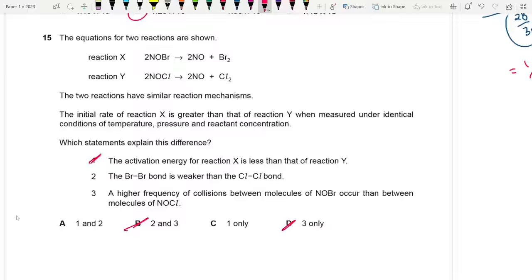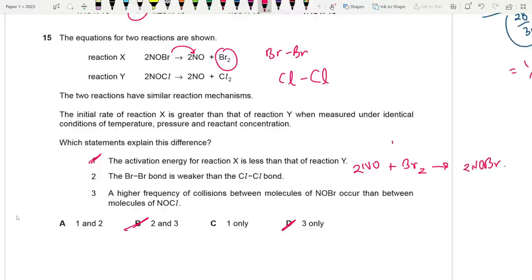For 2, the Br bond is weaker than the Cl bond. So look, we are actually making the Br bond. It is true that the Br bond is in fact weaker than the chlorine bond, but how does this help us? In this reaction, we are trying to make the bond. If bromine was on the left hand side, like 2NO plus Br2 is equal to 2NOBr, that would have been relevant because we were trying to break the bond then and we would need to give less energy compared to chlorine.